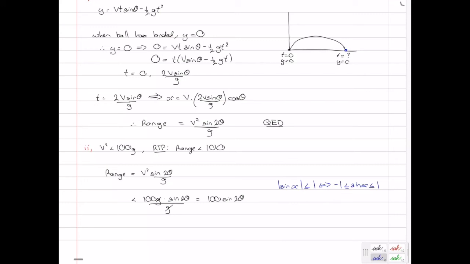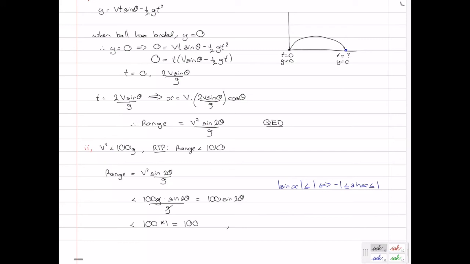Doesn't matter what the angle is, whether it's 2 theta or some crazy function inside the sine, the value of the sine is always less than or equal to 1. So I know that this is less than 100 times 1, which is equal to 100.